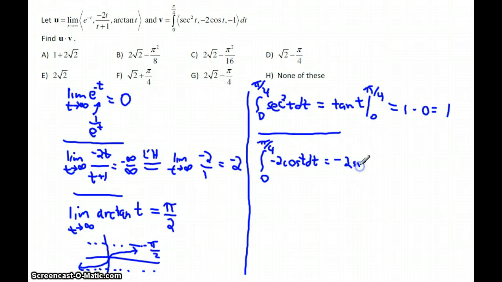And so we just have to evaluate that at the upper and lower limit. And what we'll find out is the lower limit is 0 again. Sine of pi over 4 is root 2 over 2. So we have negative 2 times the quantity root 2 over 2 minus 0. So we get negative root 2 for the second component.